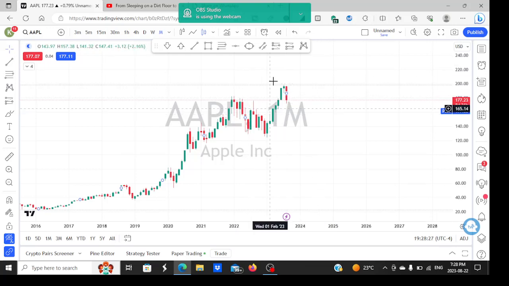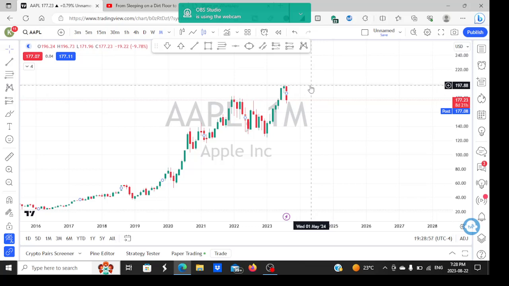So by looking at the monthly candle, you can have an idea of the current status of the stock, and you can more or less determine that I will be selling Apple right now, not because there's less buyers in this market right now for Apple.